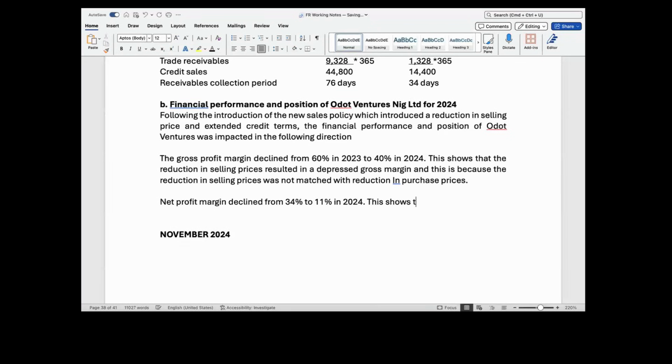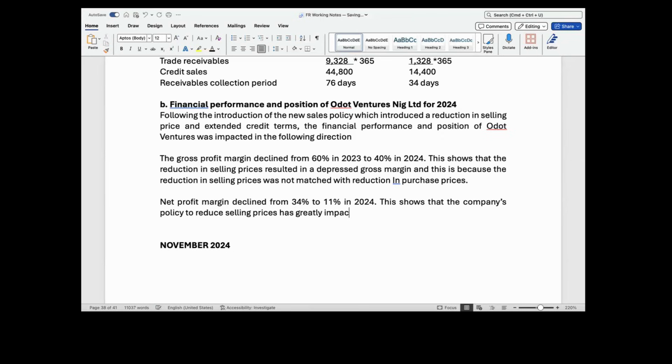This shows that the company's policy to reduce selling prices has greatly impacted on net profits.